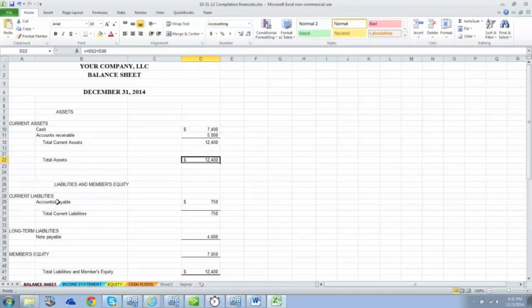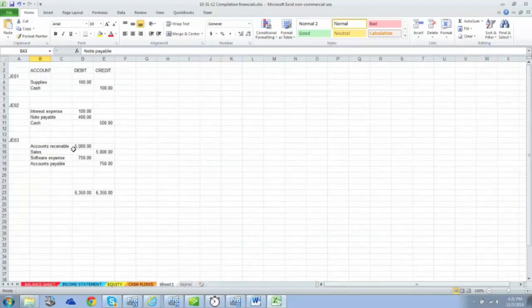Your AP, or accounts payable, is the money that you owe to the vendor for the software subscription. The note payable was initially $5,000, but you paid off $400 of that in your $500 payment. Remember, $500 was paid out, $100 went to interest, and $400 went to the note payable.